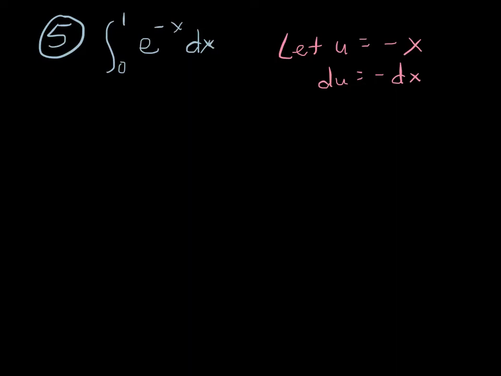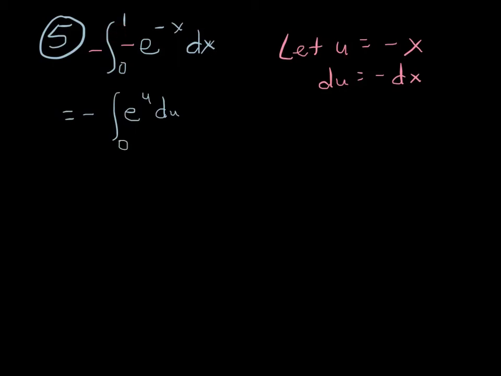Number 5. Now we've got a definite integral over here. All right, we've got our u sub going. We need a negative. We'll cancel it out on the outside. So we've got negative e to the u du, but we have to change our limits. When x is 0, u will still be 0.